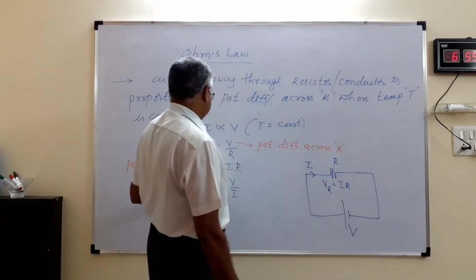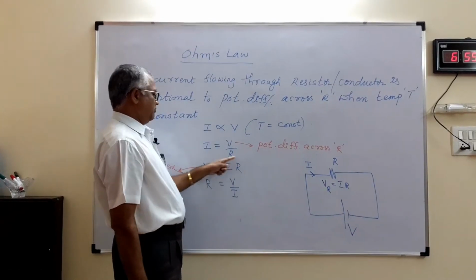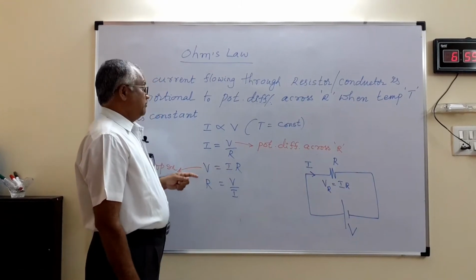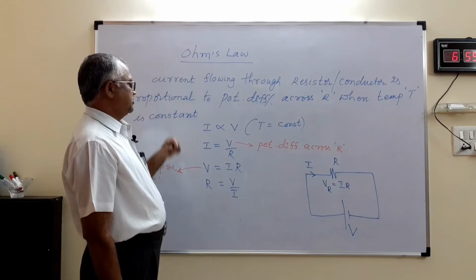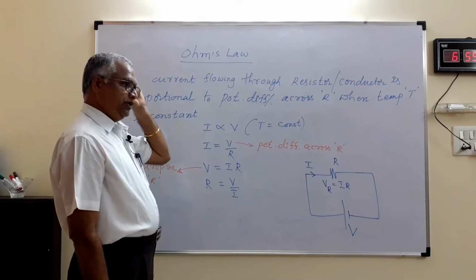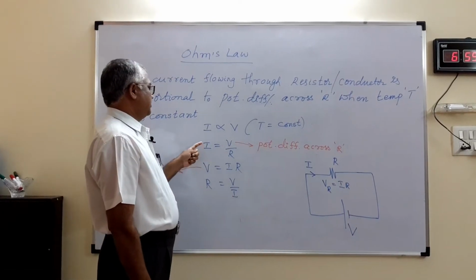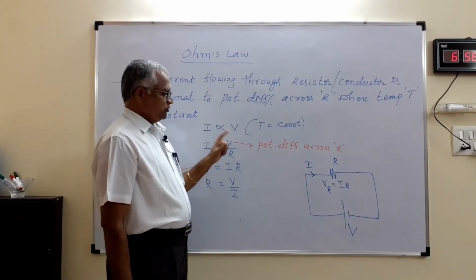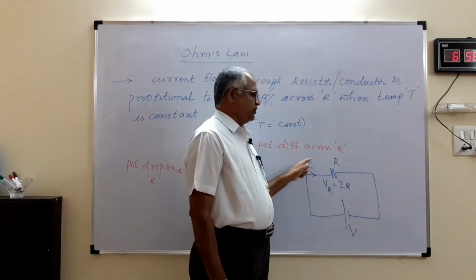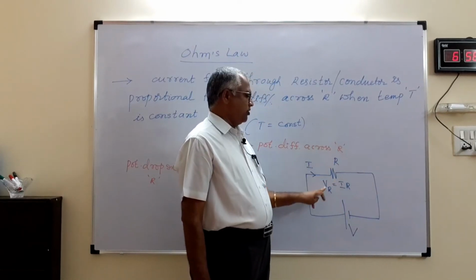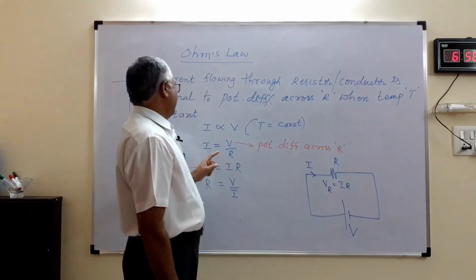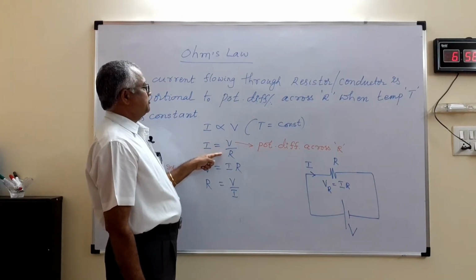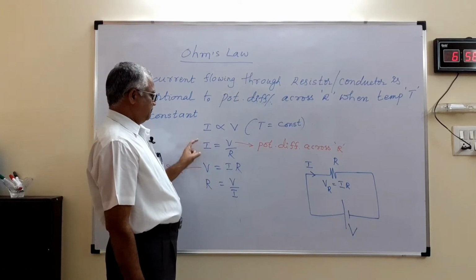Mathematically, V equal to IR is simple. Drop depends on current. But actually, how did the scientist Ohm state the statement? The current flowing depends on potential difference. So first the difference decides how much current should flow, later the drop will come. Mathematically this is complicated, division, but conceptually this is more clear.